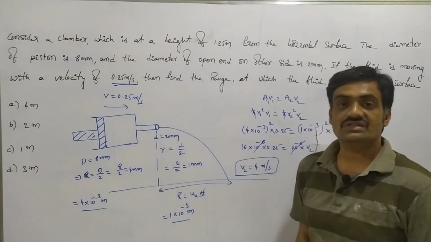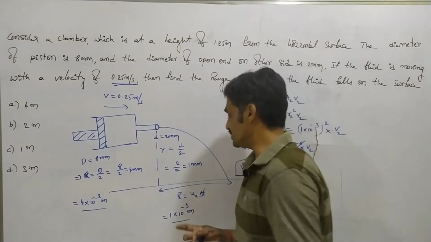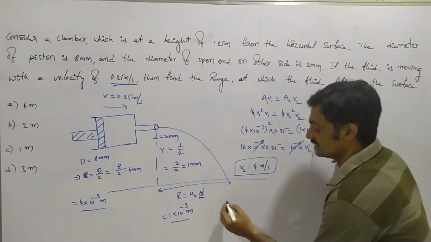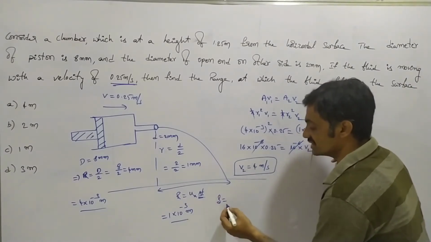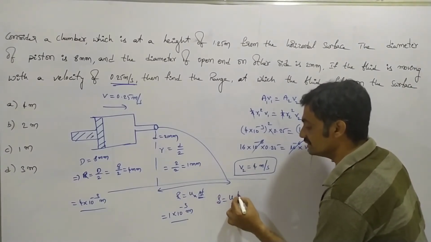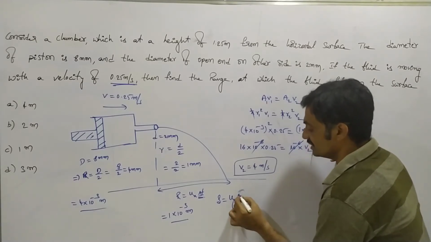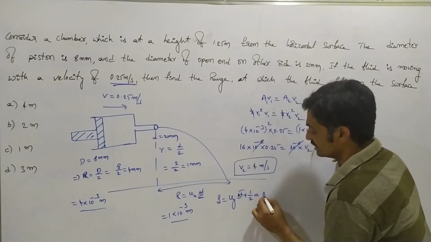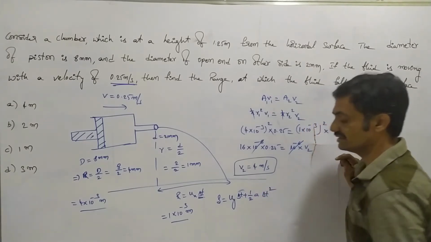By using this velocity, now we have to represent the range, where in order to represent the range we have to calculate time. The time is calculated by using the expression s equals u suffix y into delta t plus half a into delta t square.